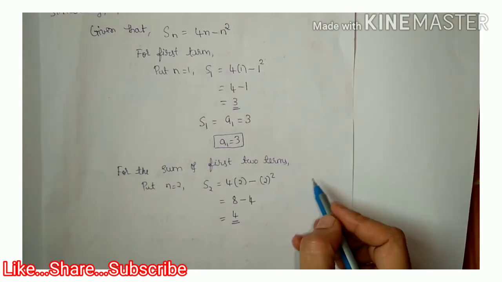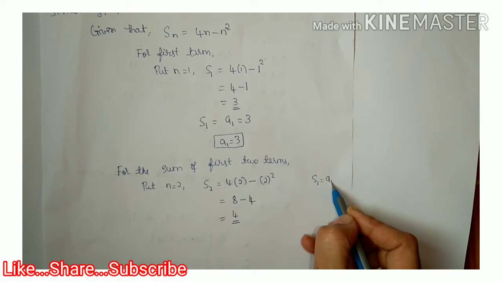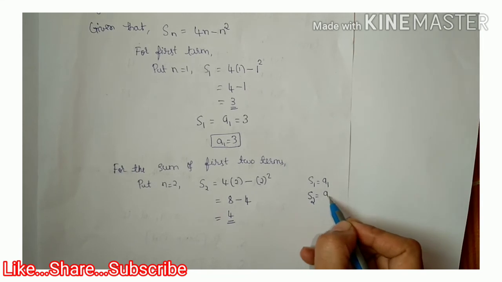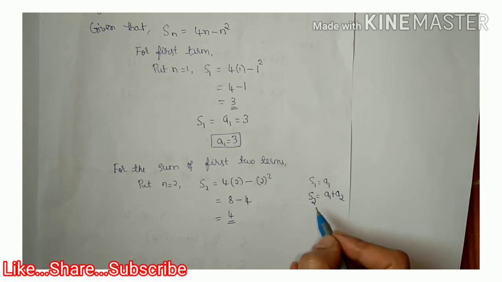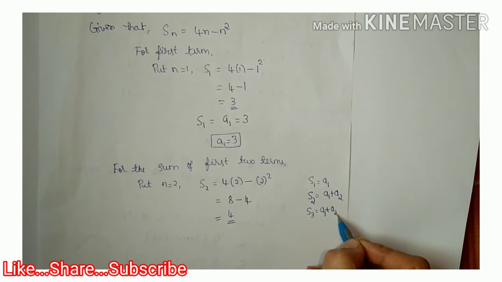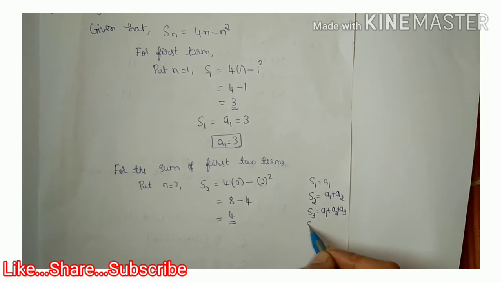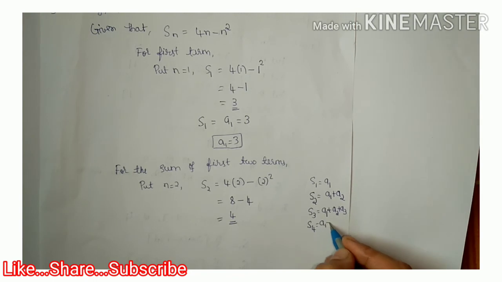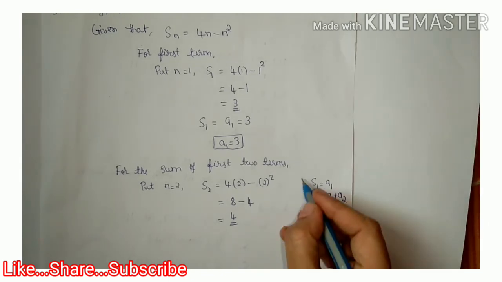Here S1 is equal to a1. S2 is the sum of the first and second term. S3 is the sum of the first, second and third term. Similarly S4 is the sum of the first 4 terms: a1 plus a2 plus a3 plus a4, and so on.